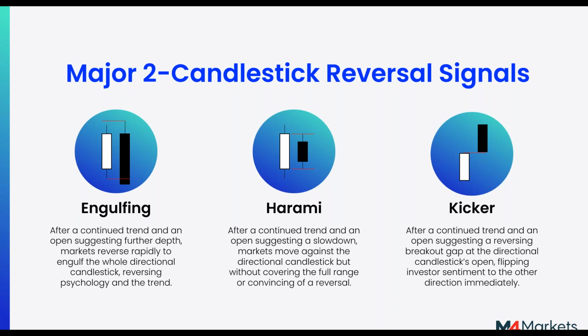Now, when it comes to harami, the harami also needs to come after a continued trend to the upside or to the downside, and it has to have an open that suggests a slowdown in this case, right? The market moves against the directional candlestick, but without covering the full range or being convincing of a reversal. And what is not convincing of a reversal? We're not talking about the low.